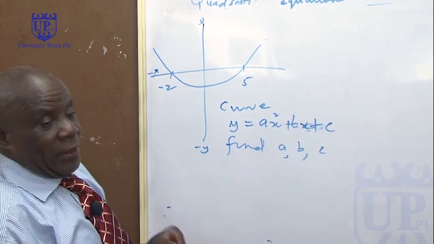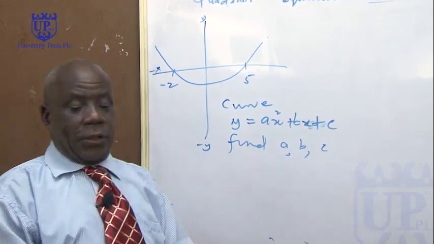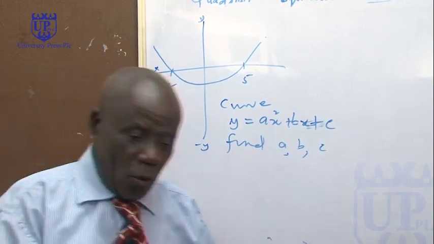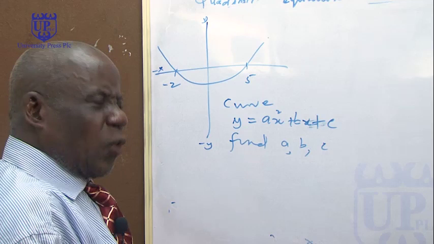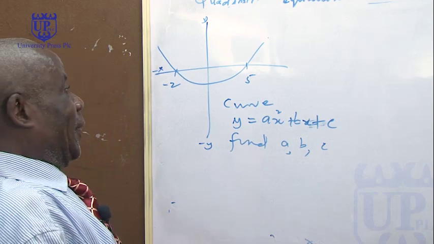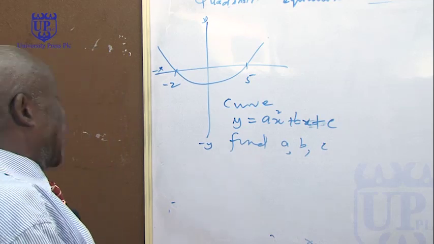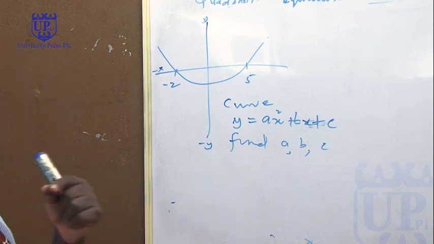When a quadratic equation is given and there are unknowns, there is a way of forming the quadratic equation. The rule they want you to use is how to form a quadratic equation.